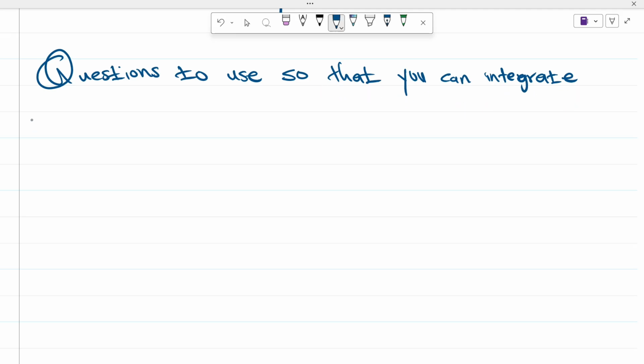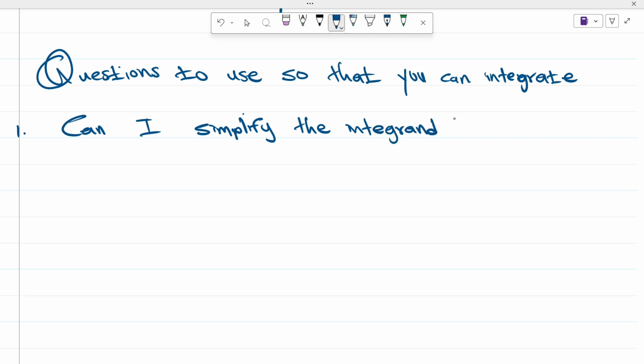So the first question, number 1: can I simplify the integrand? Remember, the integrand is what's inside the integral, right? So can you simplify that integrand? If you can, please simplify.